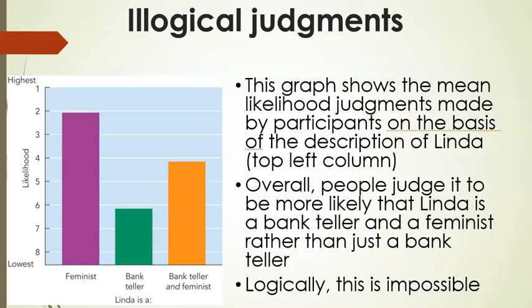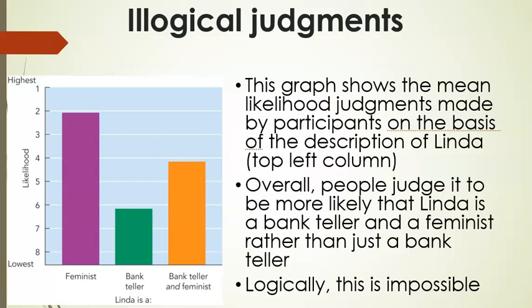Now, sometimes there can be some illogical judgments. So not everything will fully make sense, right? This graph shows the mean likelihood judgments made by participants on the description of Linda. Okay?